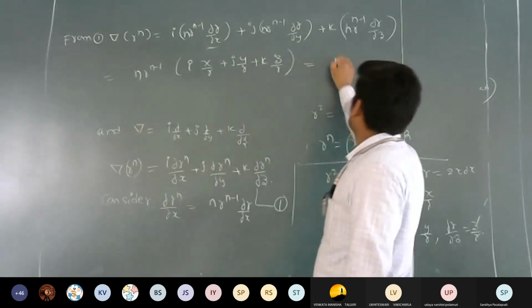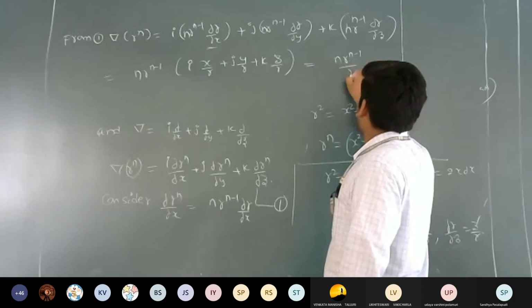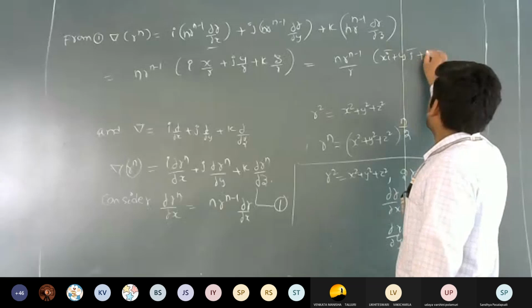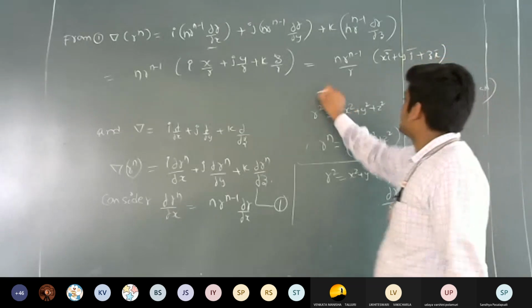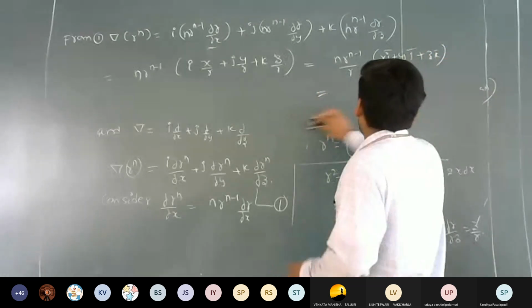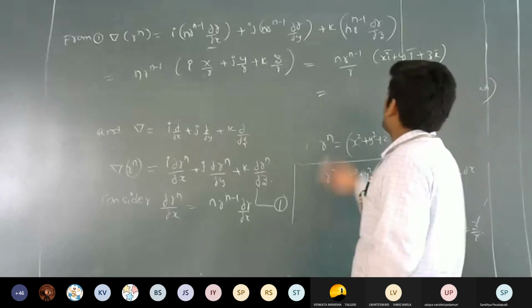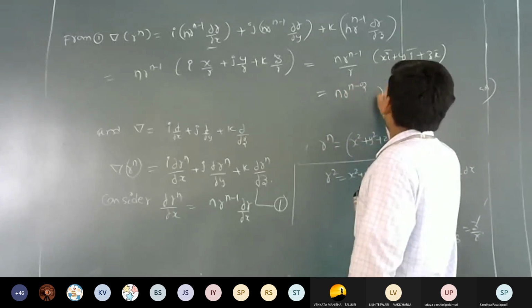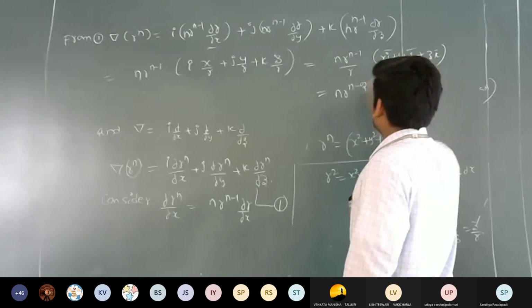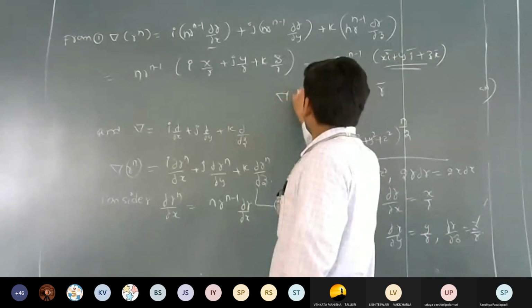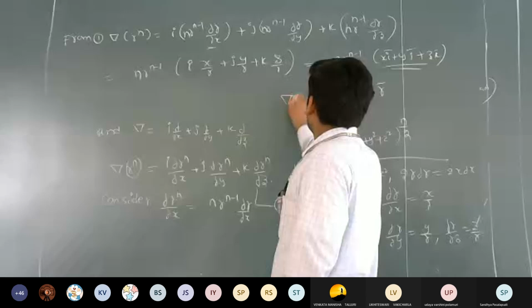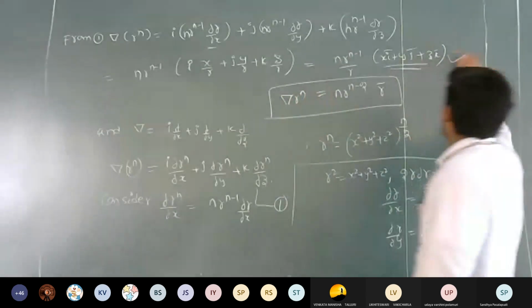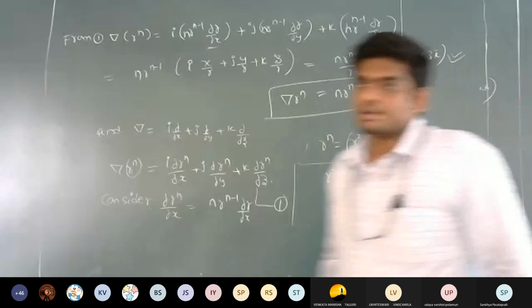So that is equal to n into r power n minus 1 by r into (x i bar plus y j bar plus z k bar). So take the r into the denominator, it becomes n into r power n minus 2. So this is nothing but r bar.